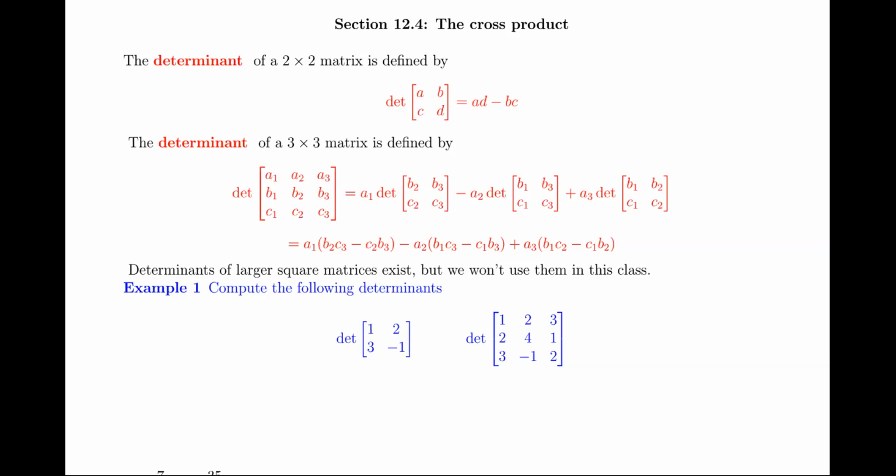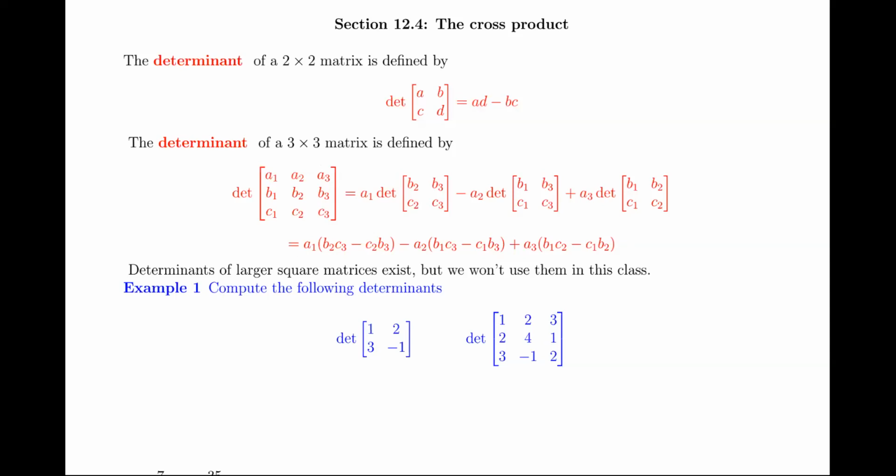And then we add A3 times the determinant of what is left over if you cross off the row and column that A3 is in, which is the B1, B2, C1, C2 part. And the specific formula of what that all turns out to be, if we apply our formula for each of the 2 by 2 determinants, is this that I've circled here.